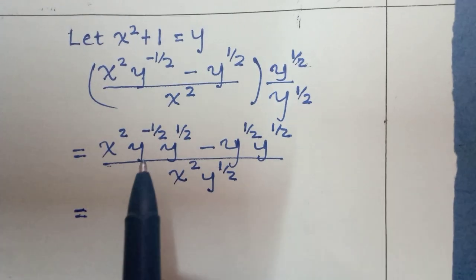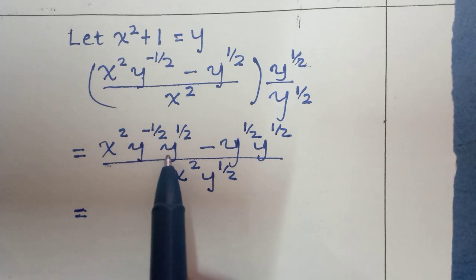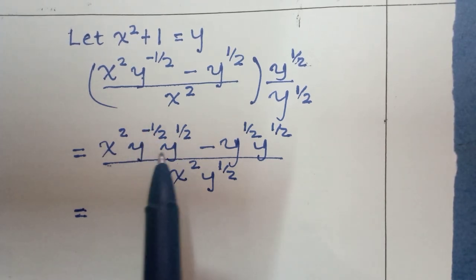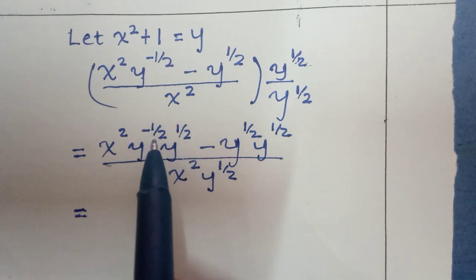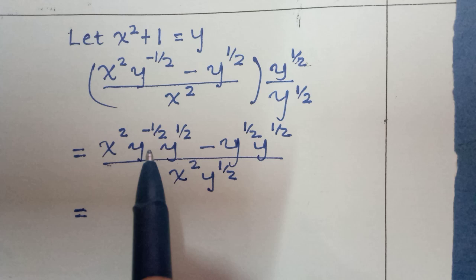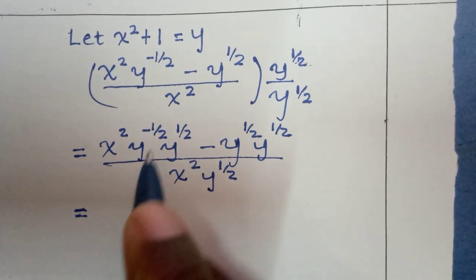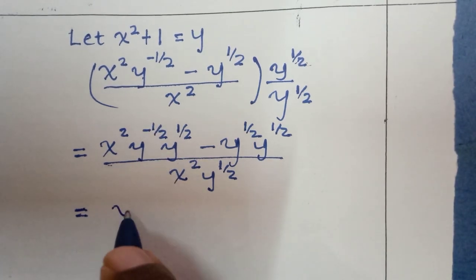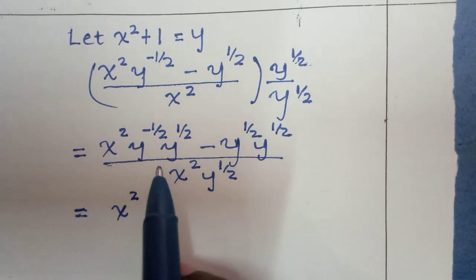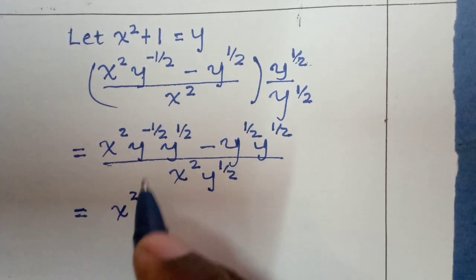So now guys, we go ahead and do that. y raised to negative a half multiplied by y raised to a half, by use of the law of indices, is negative a half plus a half, which is y raised to 0. That means it's going to be 1, because any number raised to 0 gives us 1.